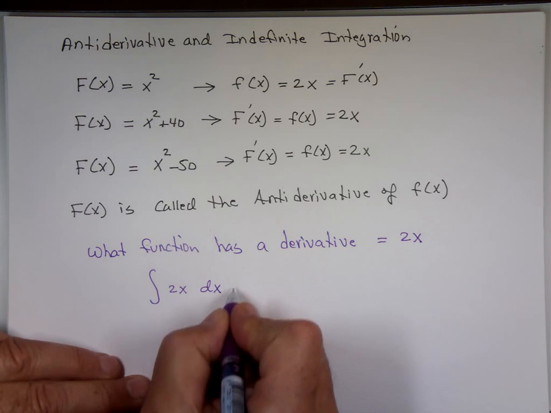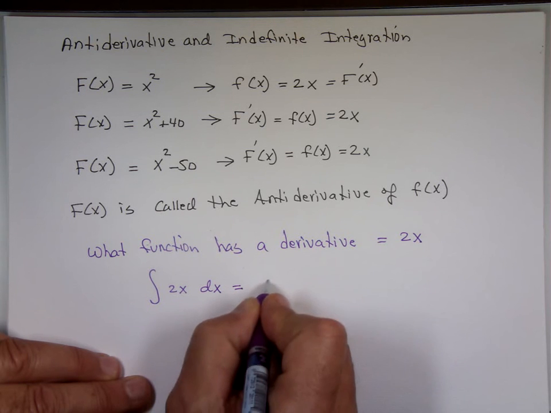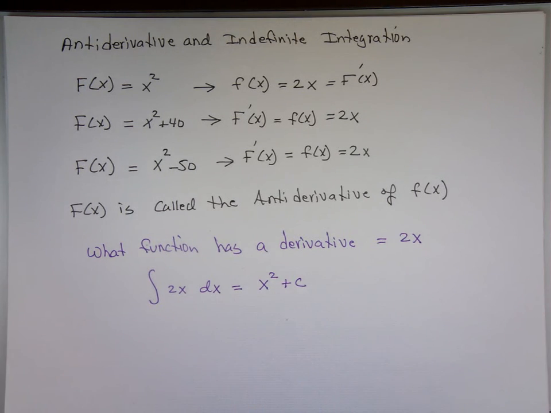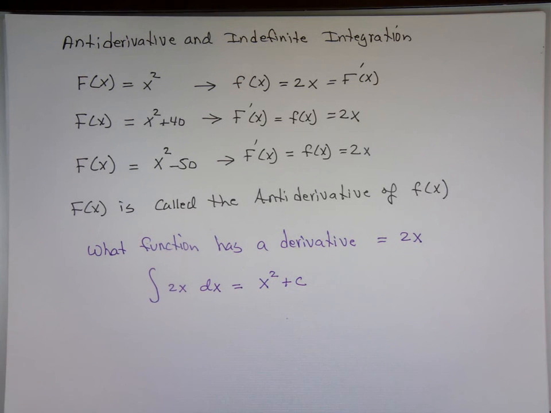And the answer to that is x squared plus any number. That number could be 0, could be positive, could be negative. So that's what the S means. What function has a derivative equal to 2x? So when you see that, that's what it means. Give me that problem backward. And if you remember some of the stuff, we'll be able to actually work it backward.